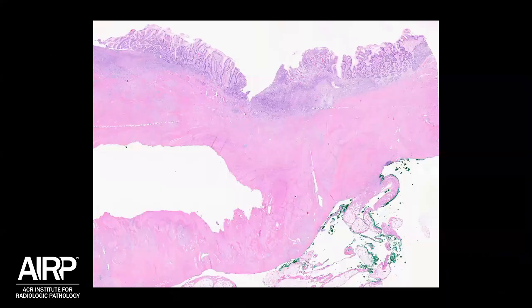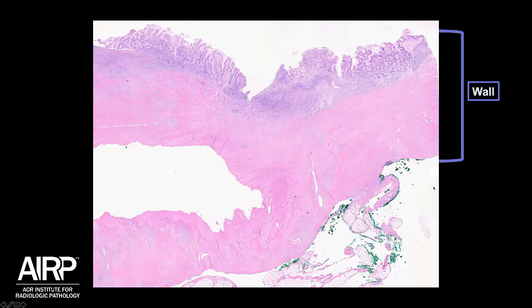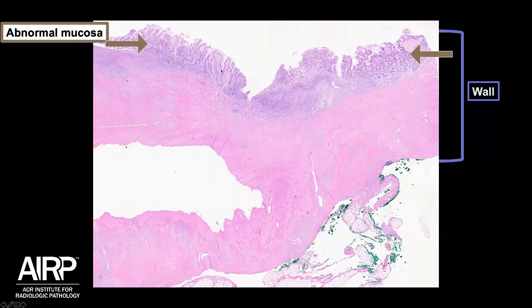Under the microscope at low power, you can see this is the gastric wall, and it's quite thick here. We can focus in on the mucosa. Here's the mucosa, but it's really quite abnormal. Then as we come here, we see there's a break in the mucosa where there's no normal mucosa. That's the ulceration that we saw on the gross specimen.